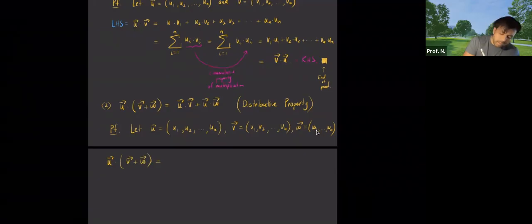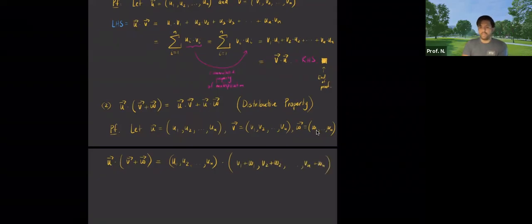Well, this is U1, U2, up to Un. I'm dot producting this with what? V plus W is what? It's V1 plus W1, comma, V2 plus W2, all the way to Vn plus Wn.